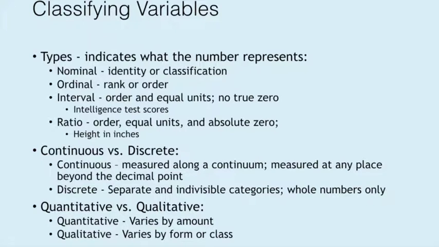Quantitative varies by amount, while qualitative varies by form or class. So qualitative is more long, open questions looking for responses that are more descriptive and in words, whereas quantitative is more numeric.